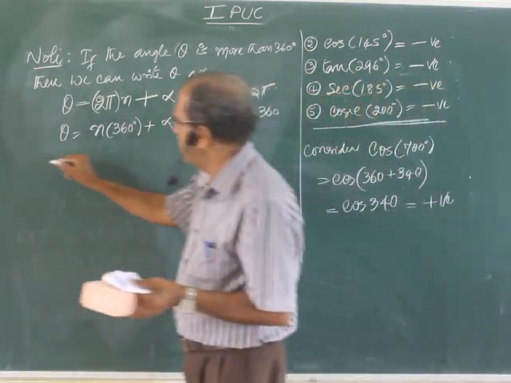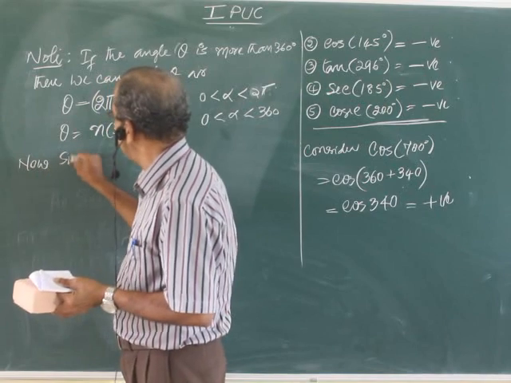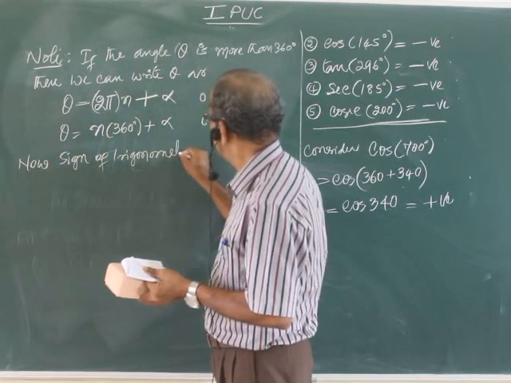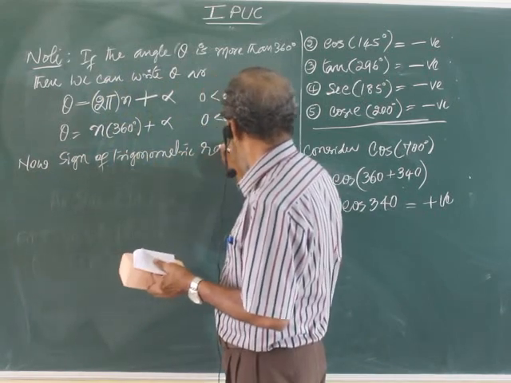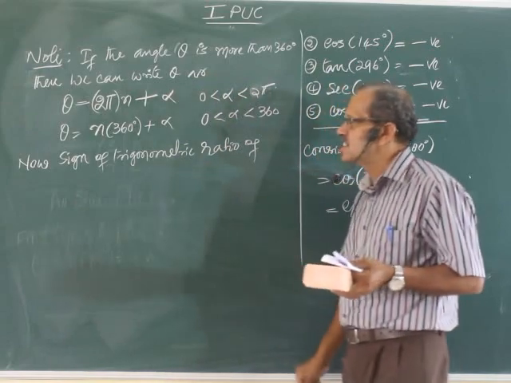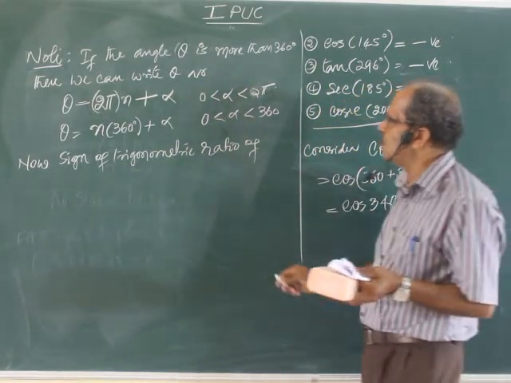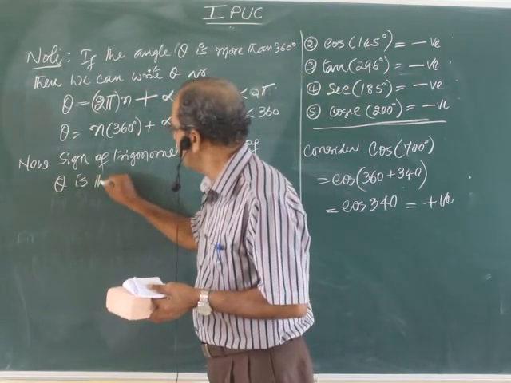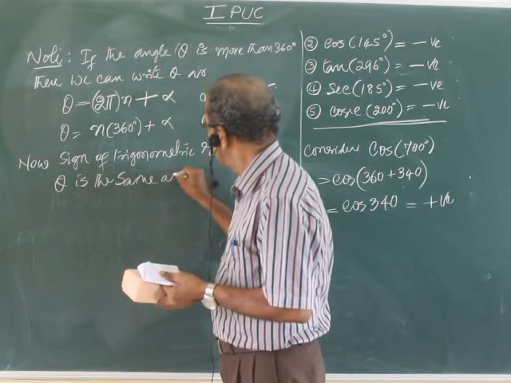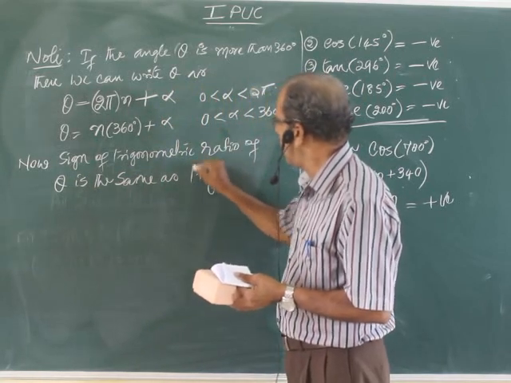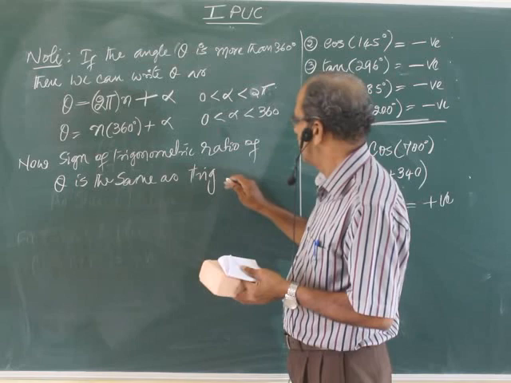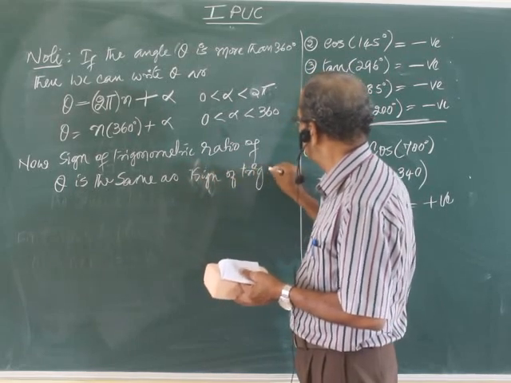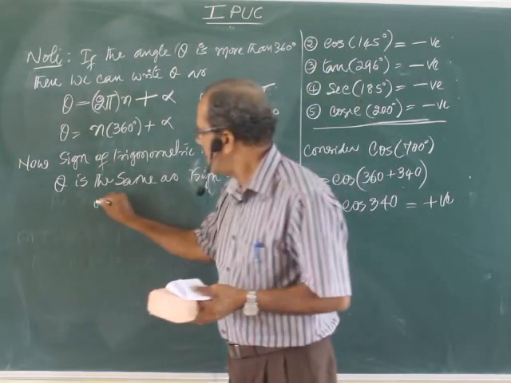Now, the trigonometric ratio of theta is the same as the trigonometric ratio of alpha.